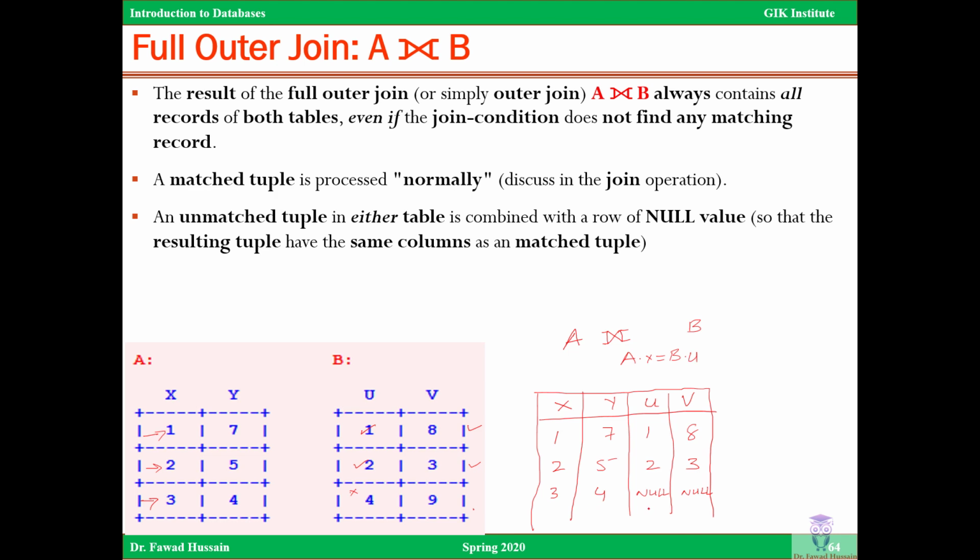So here I will have 4 and 9, and since there is no corresponding entry over here, I'm going to have null and null. So this is basically how my full outer join is going to look like.